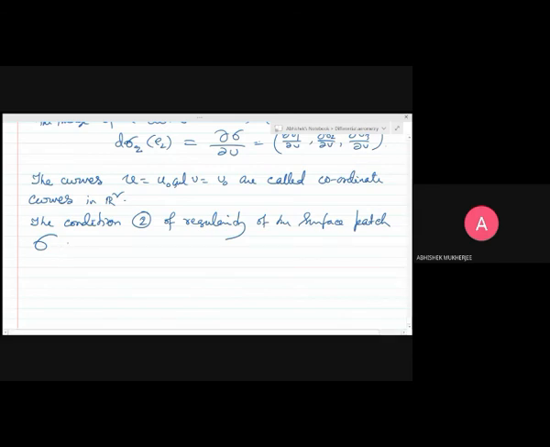It tells you that the matrix of d sigma q has linearly independent column vectors, right?